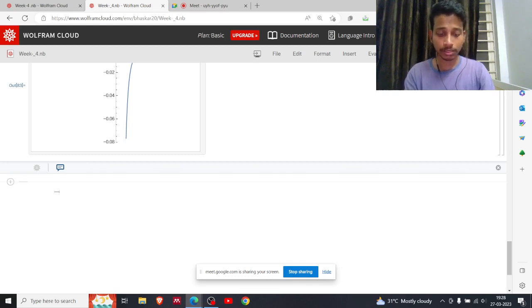So basically integration is finding the area under the curve.